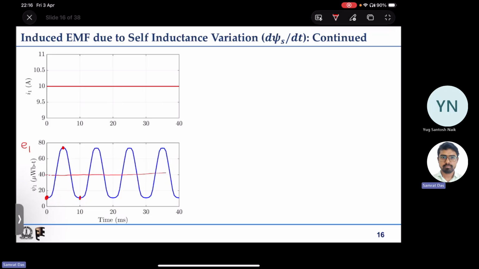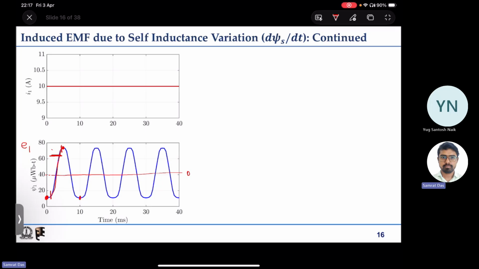This is say E1. This is the zero induced EMF. Here, in between this point and this point, there is a very clear slope. It is almost a straight line. So in between these 2 points, the induced EMF is almost a constant positive value.